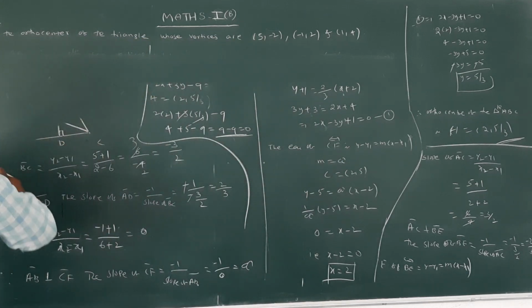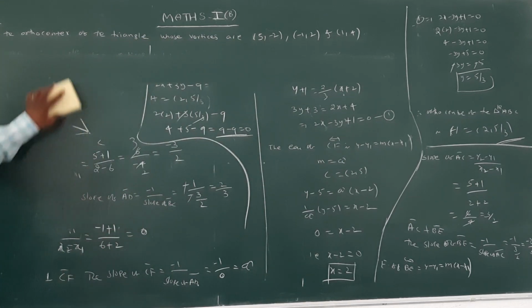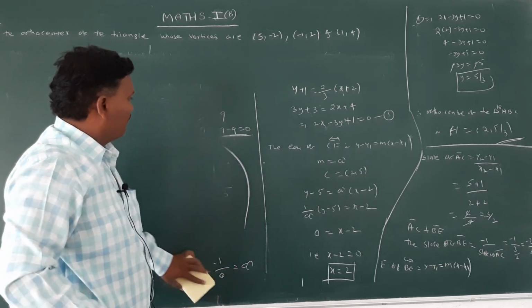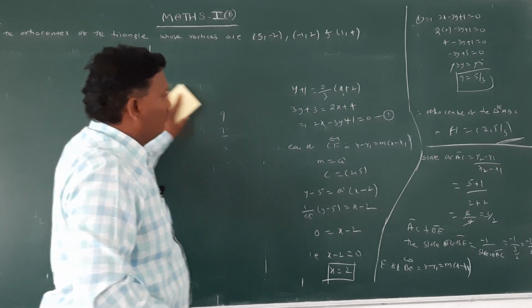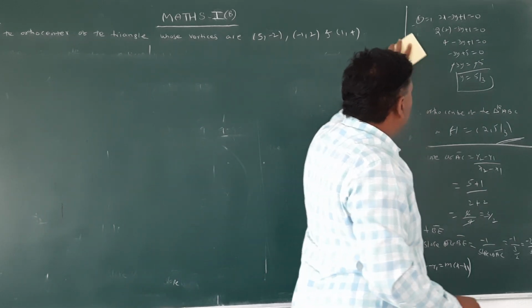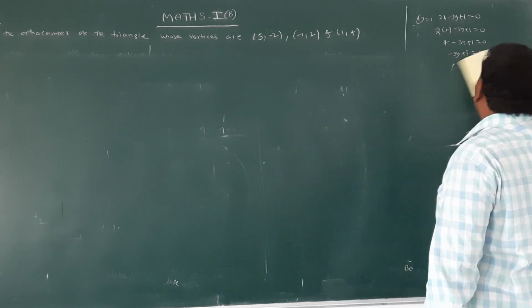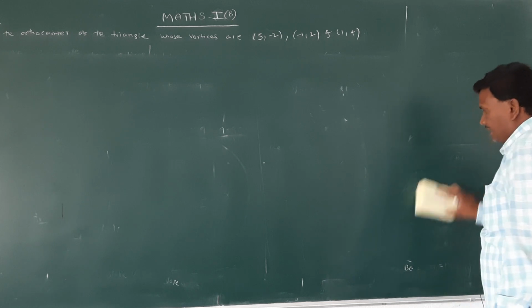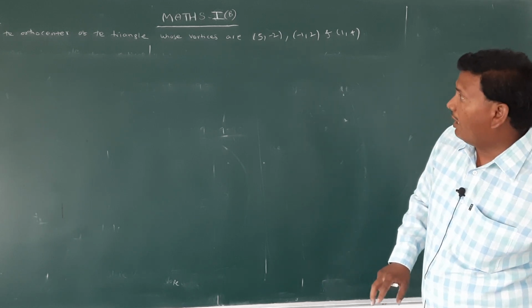This is the homework. First we draw the triangle with its vertices and perpendicular lines. We solve one by one, get the equations, solve them, and we get the orthocenter of the triangle. This is the homework problem.